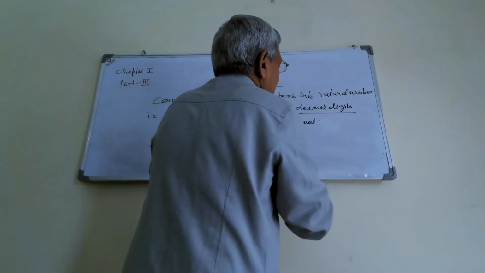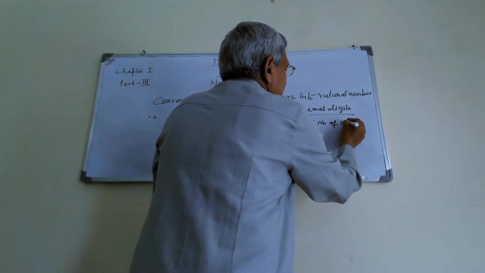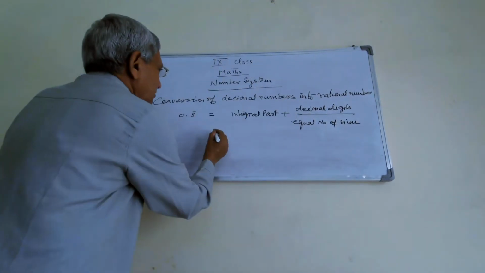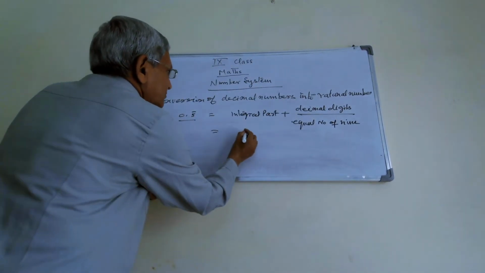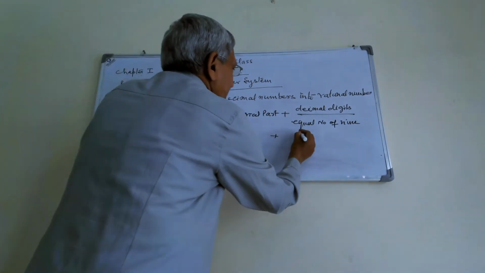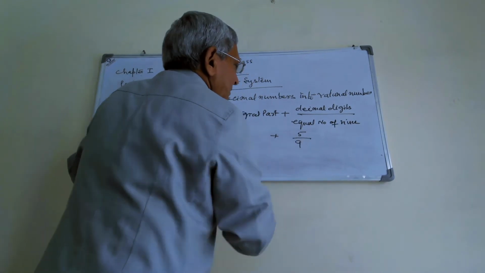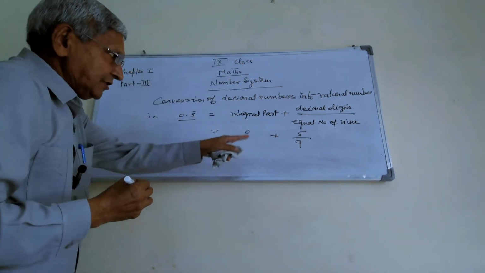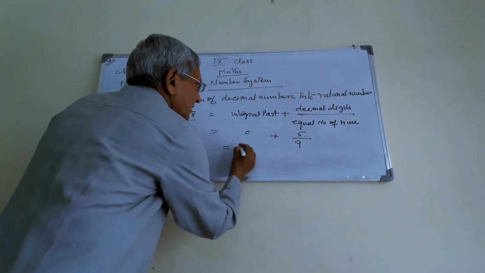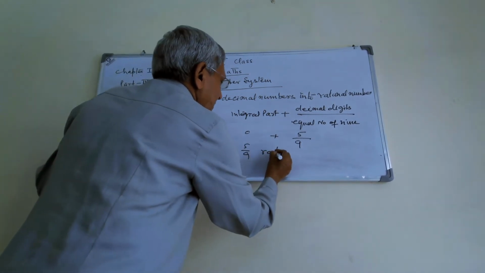Here you will see that the integral part is 0 and the decimal part is 5, one digit, and an equal number of 9s. This is the rational number 5 by 9.